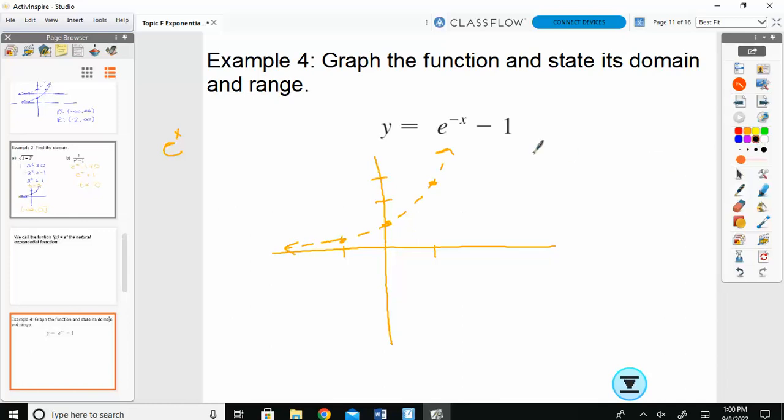What are my transformations this time? And the negative on the x? Over. So my asymptote was at 0, so if you move down 1, it would be at negative 1.